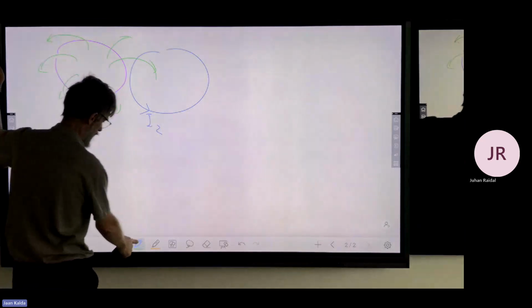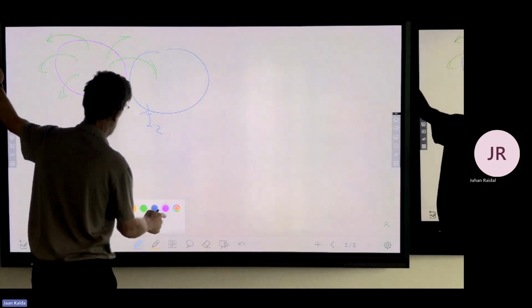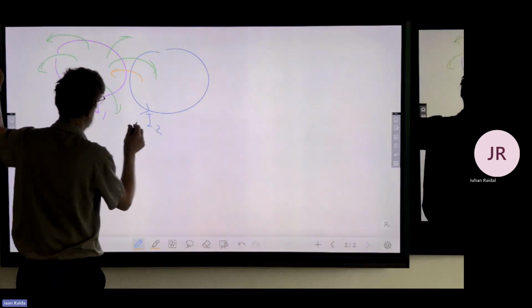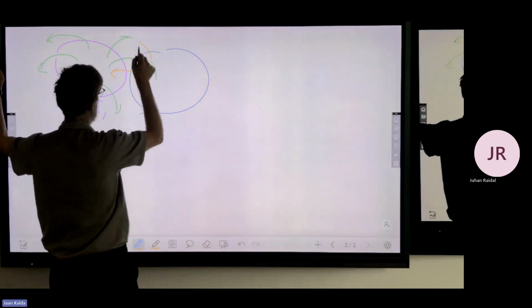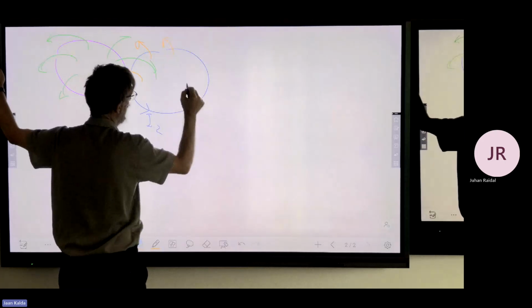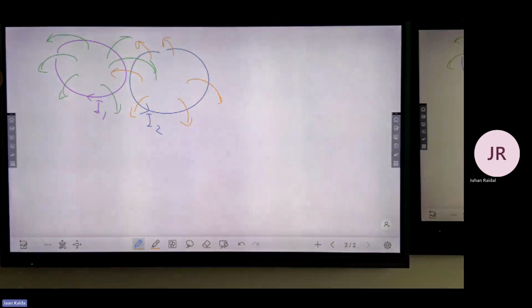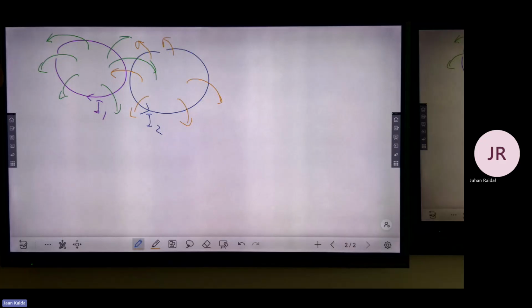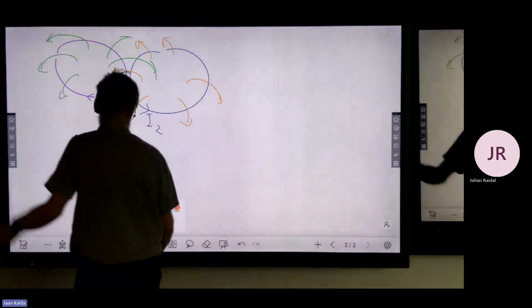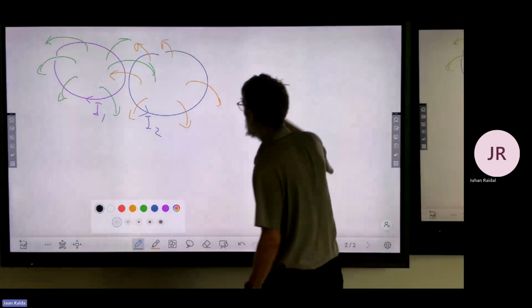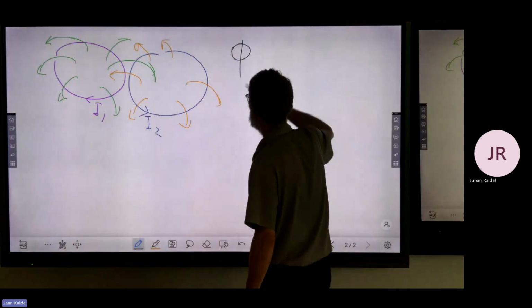And the blue loop does the same. I cannot guarantee the screw rules, but never mind, I just draw the arrows randomly. So we have flux from one going through the other.